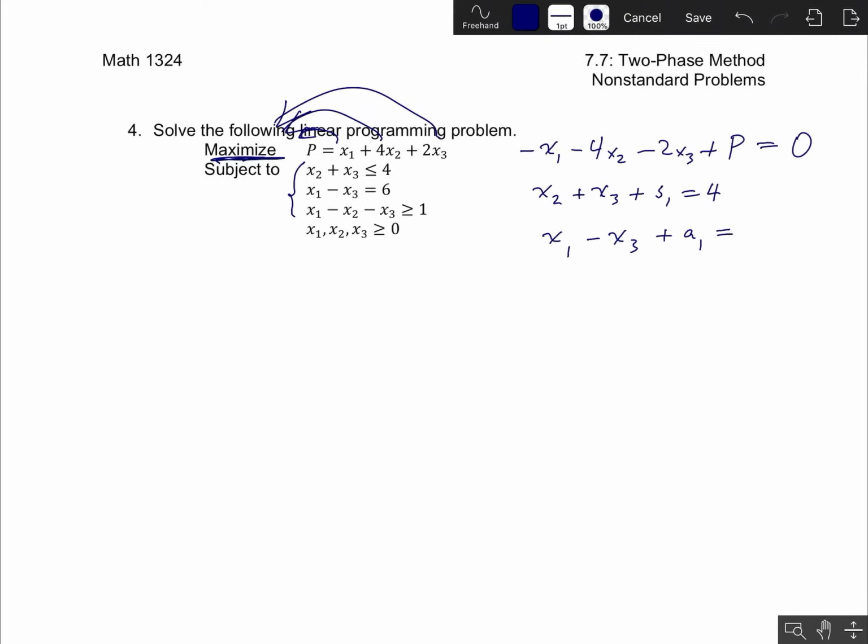So we'll add a1 equals 6. And then for this last one, this is a non-standard inequality, so we'll need to subtract a surplus variable. So for that last inequality, we'll have x1 minus x2 minus x3 minus a surplus variable, and that will equal 1.